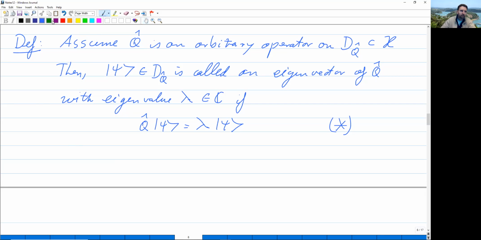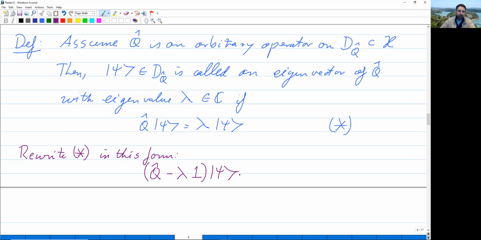Namely, we rewrite equation star in this form: Q hat minus lambda times the identity operator acting on psi is equal to the zero vector. This is the same as equation star. I just moved what was on the right-hand side to the left-hand side.